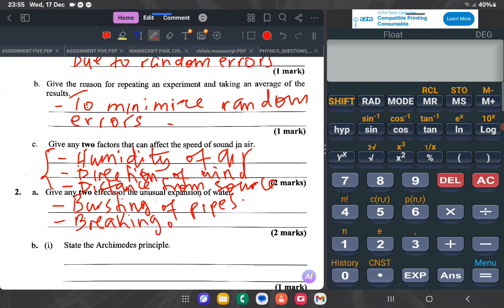When the water accumulates between the cracks of a rock and is cooled, it's going to push the pieces of rock apart, causing breaking, which is also called weathering. It would also cause freezing of lakes.